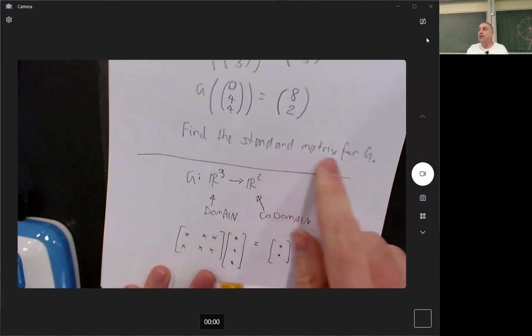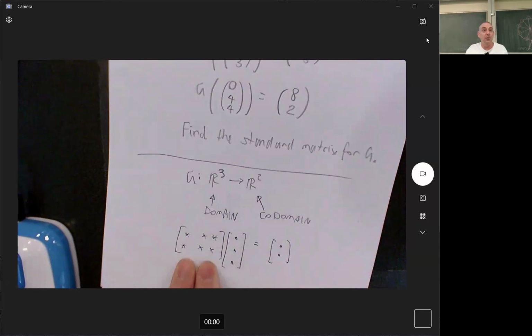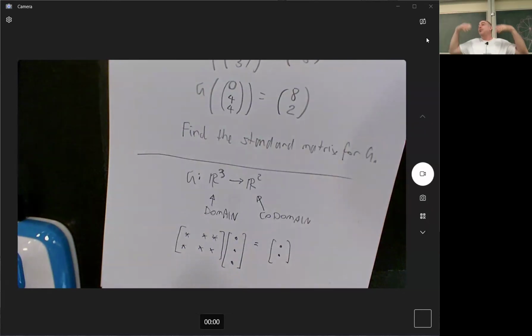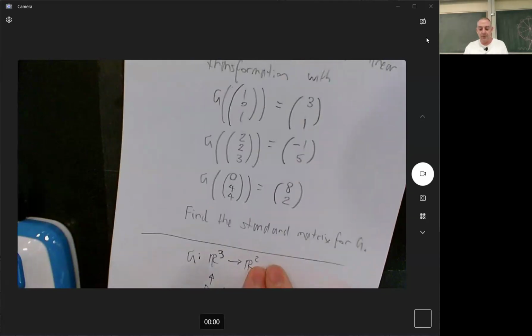So it says I want a standard matrix, and that is the matrix I'm looking for. And the matrix I'm looking for will have 3 columns because I started in R3, and each of those columns will have 2 coordinates because I'm finishing in R2. And I don't even think about that with numbers until I draw this picture and then I go, aha, it's a 2 by 3 matrix. But yes, it will always be this by that.